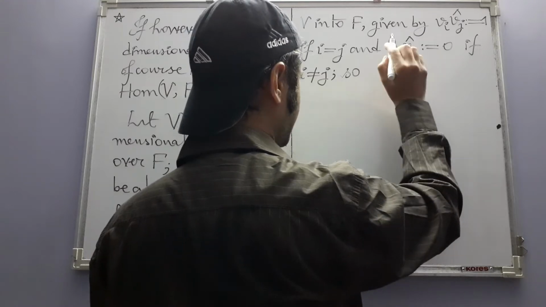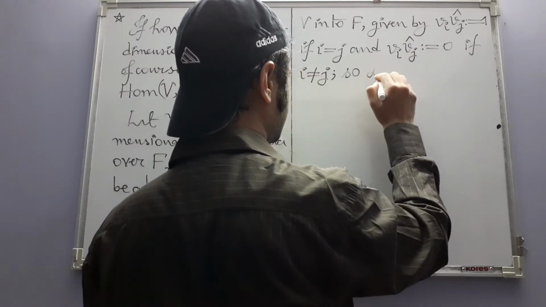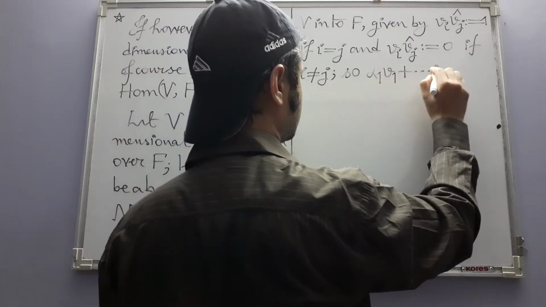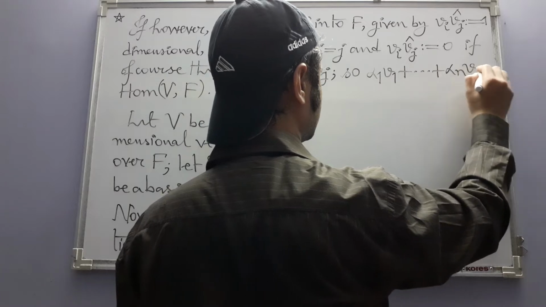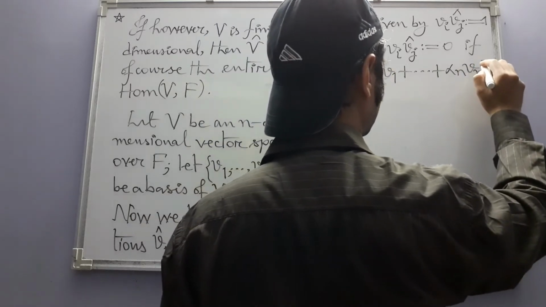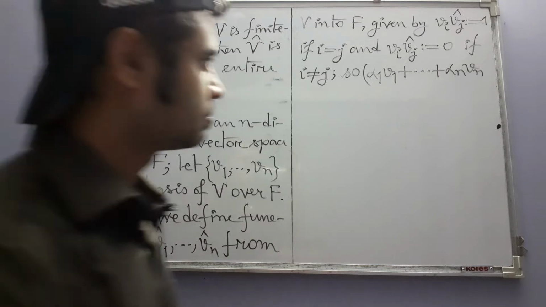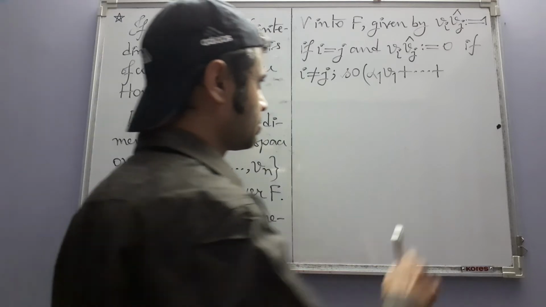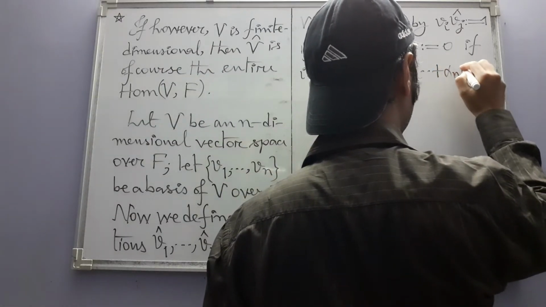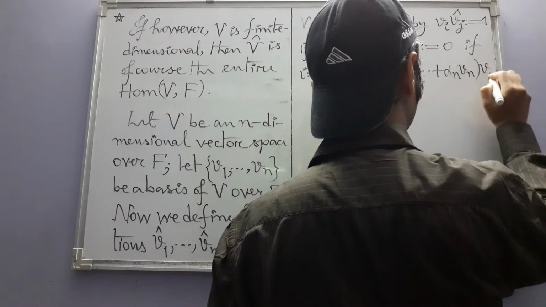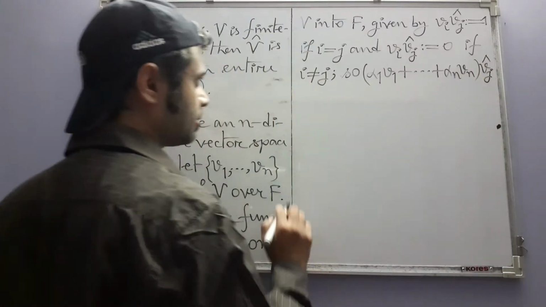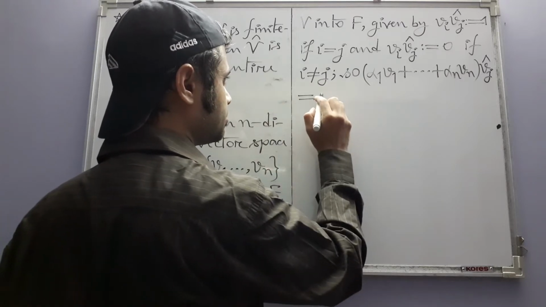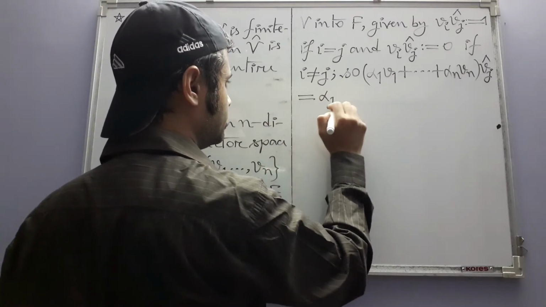That means applying Vj hat on this general element of the vector space, Vj hat is equal to alpha j.